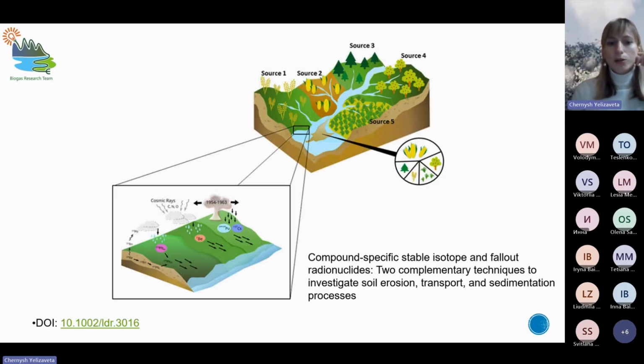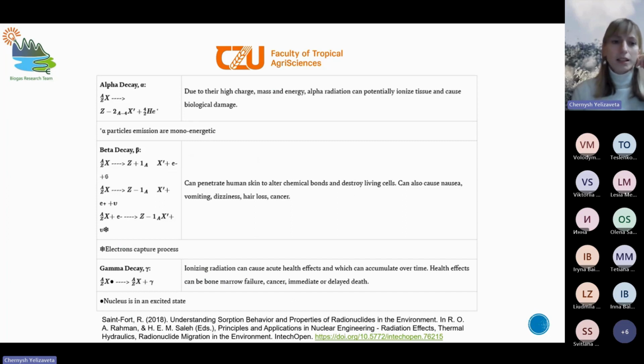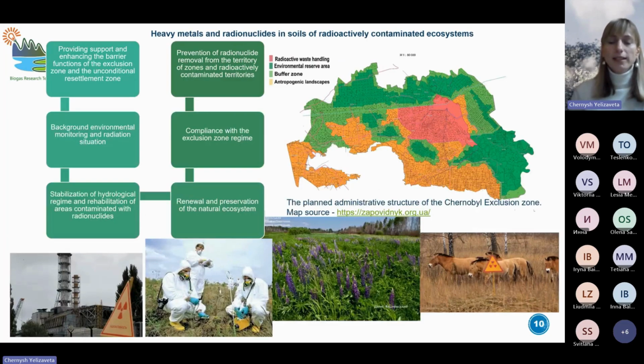Also, we can analyze different types of decay. Radionuclide decay is covered in physics classes, along with how it impacts humans, and this information is given here to refresh our memory.